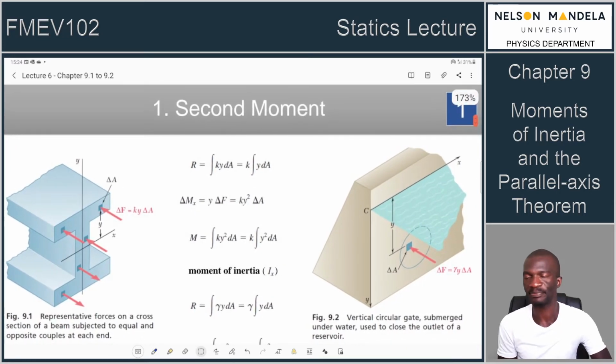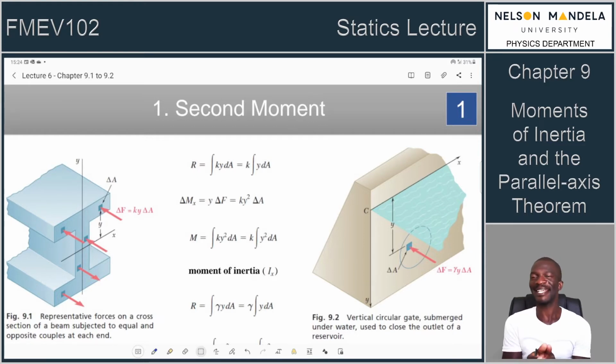second moment. Right, in this study, we've got a force that is variable. Do you still remember distributed loads? We had some force which is variable.